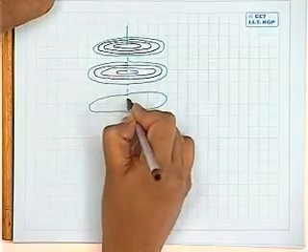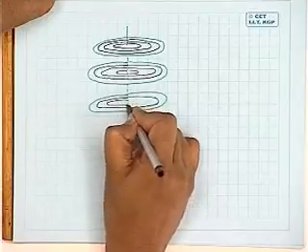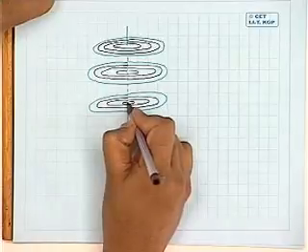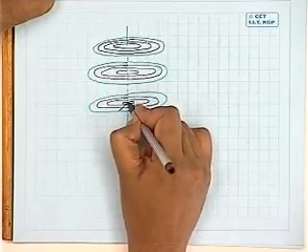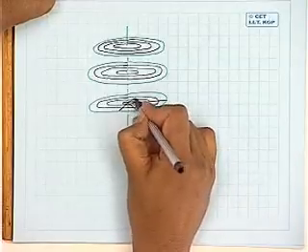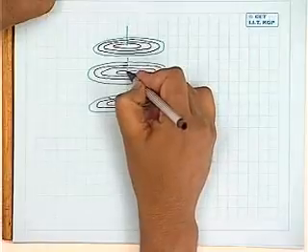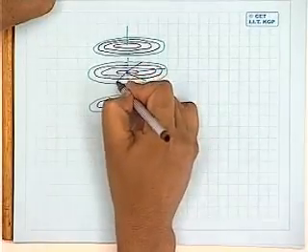So like this. And as in case of my floppy disk, these tracks are also divided into a number of sectors. So like this.